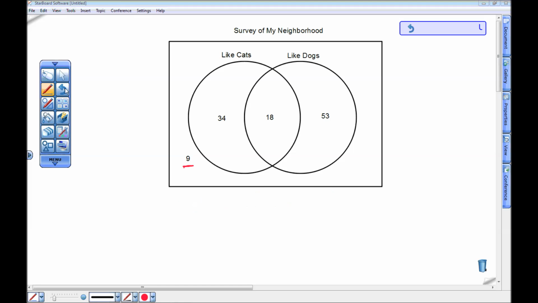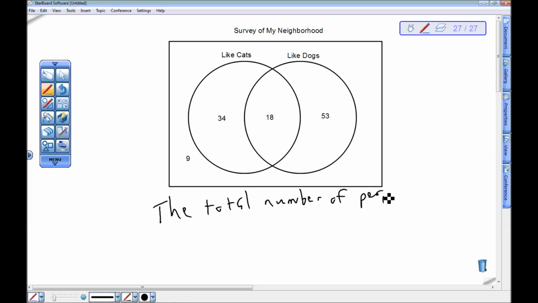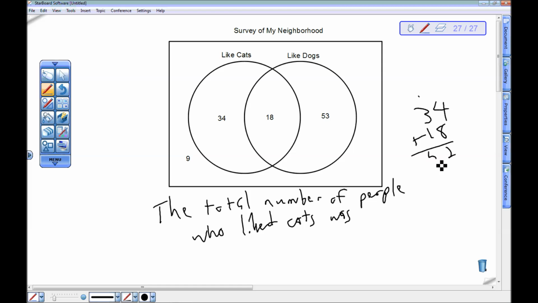Okay, what else can I see from this survey, or these survey results? Well, there's one more pair of easy things I can see. The total number of people who liked cats was, well, how many people are in that like cat circle? 34 and 18 more is 52. 52 people liked cats.